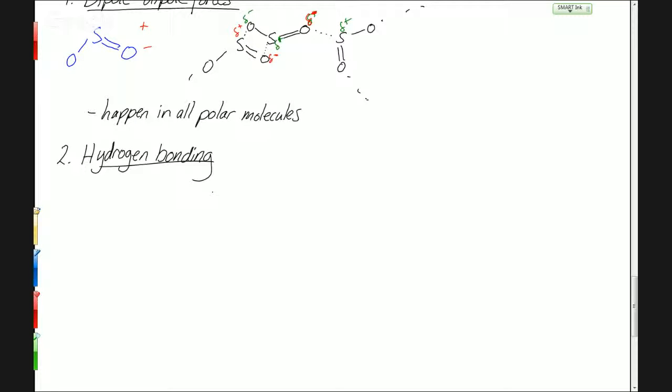So hydrogen bonding is the same as a dipole-dipole force, except we only get it when our molecules are made up of NH, OH, or FH bonds. So when there are NH, OH, or FH bonds, we can get this special kind of force called hydrogen bonding. And the thing that's special about it is that it is extra strong.